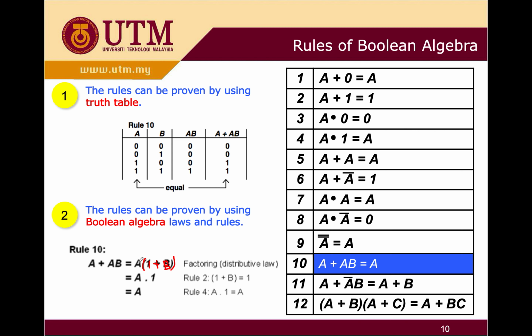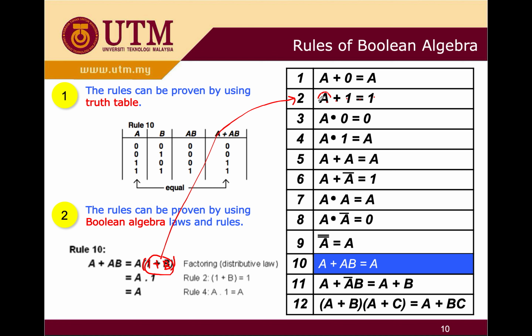So after you do the mathematics and summarize this, you will get A times (1 plus B) over here. And from here, 1 plus B, what happened? You will put it into our rule number 2, A plus 1 equal to 1.